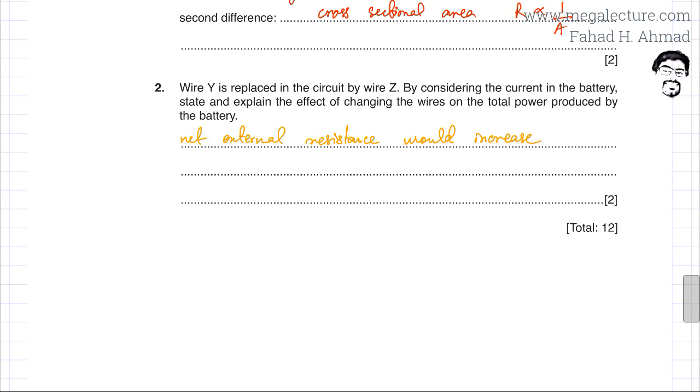And if that would increase, since voltage is constant, EMF is constant, current is proportional to resistance. So I would increase, and since power is current into voltage, voltage is the same, current is increasing, so P increases, or the power output would increase.